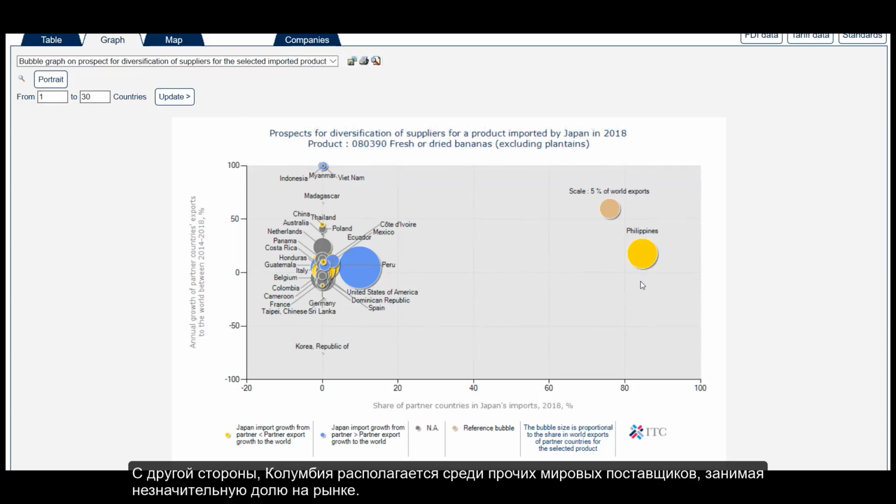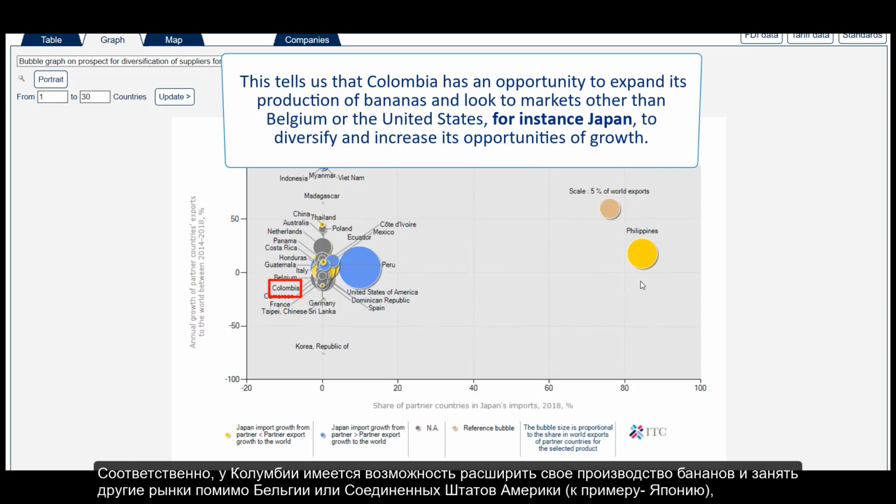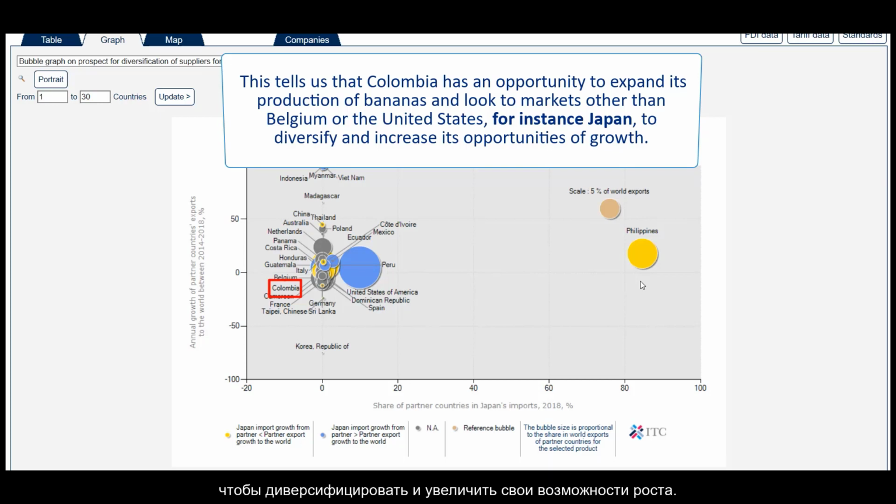At the other side, Colombia is positioned among the other world suppliers with almost no market share. This tells us that Colombia has an opportunity to expand its production of bananas and look to markets other than Belgium or the United States, for instance Japan, to diversify and increase its opportunities of growth.